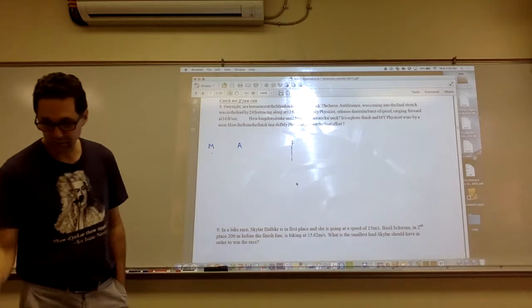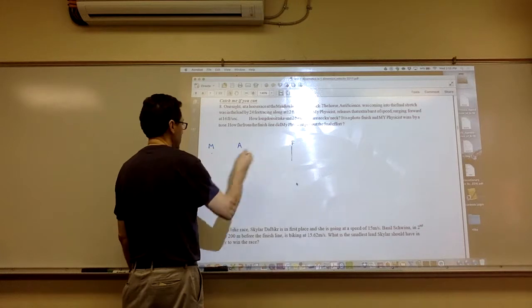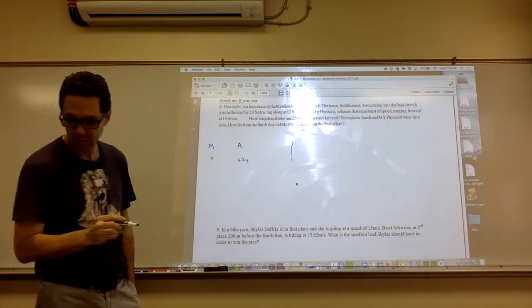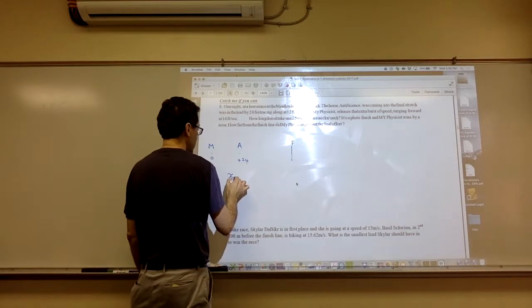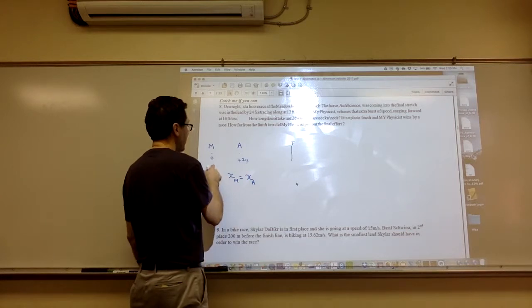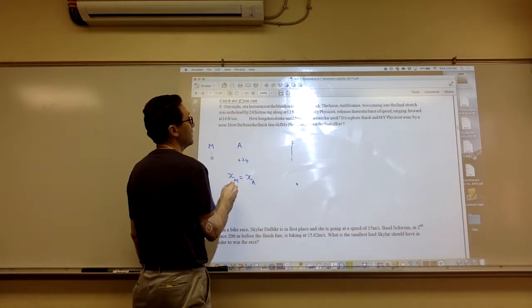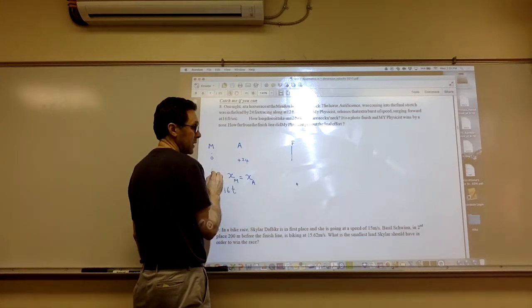So I have to follow exactly what I did here. In here, I thought of this as a number line. So I picked this as 0. This guy is at the positive 24 meter mark, or 24 feet mark, okay? Now, their positions have to be equal at the end. So for my physicist, he was going at 16 feet per second for a certain amount of time, t, which is the same as the time for Anti-Science.